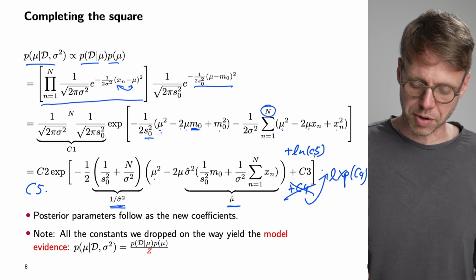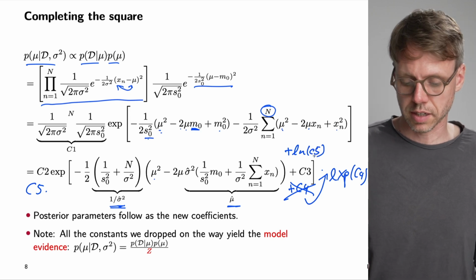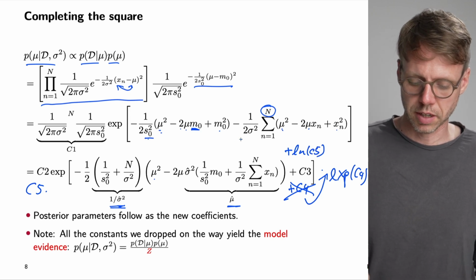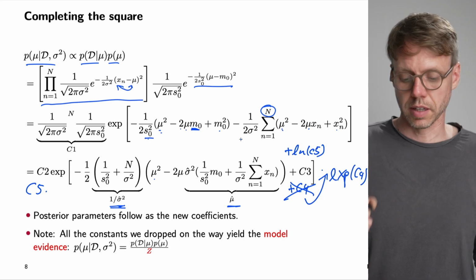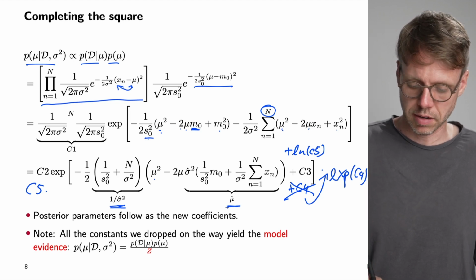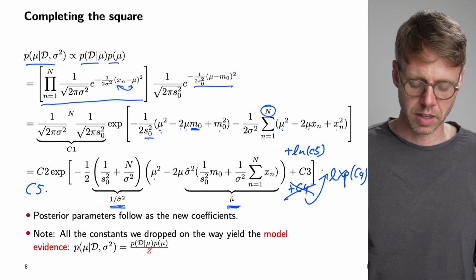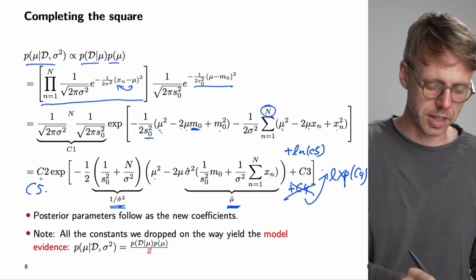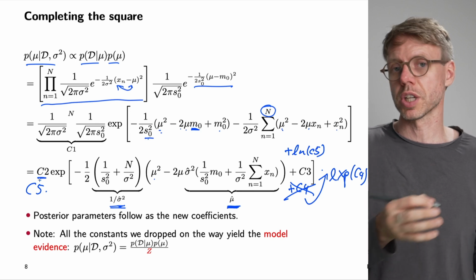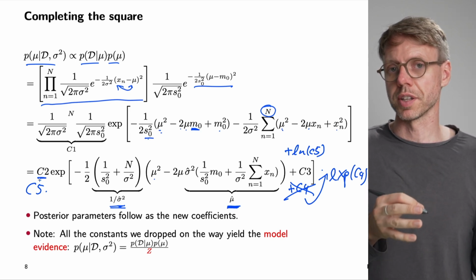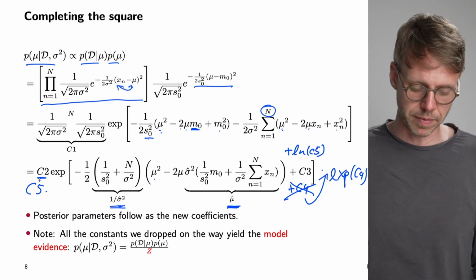And we can arbitrarily do that such that it comes out to be the mean of this new posterior distribution squared. And we know that everything that is outside will just be the normalizing constant of the posterior distribution.